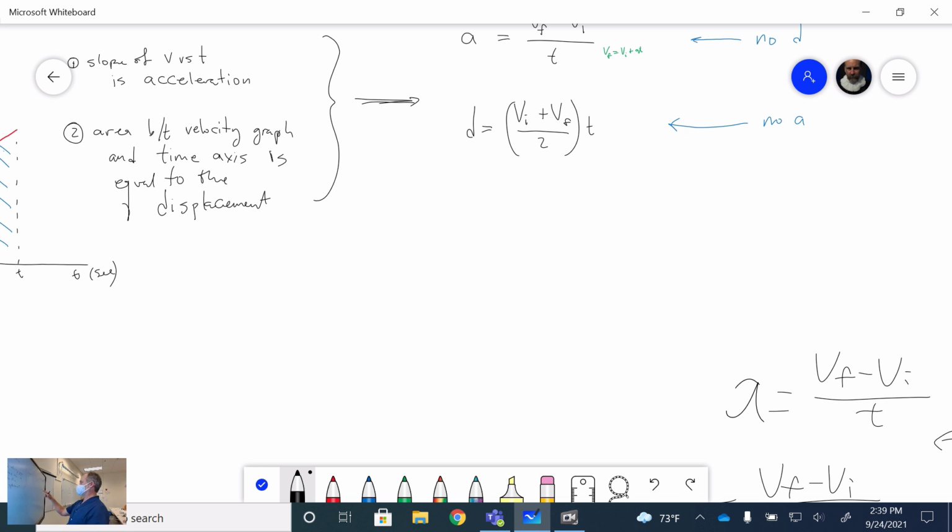Okay, so I'm going to add this to our list of equations here, and I'm going to put it the way, Andrew, you put it, as d equals v final squared minus v initial squared over 2a.